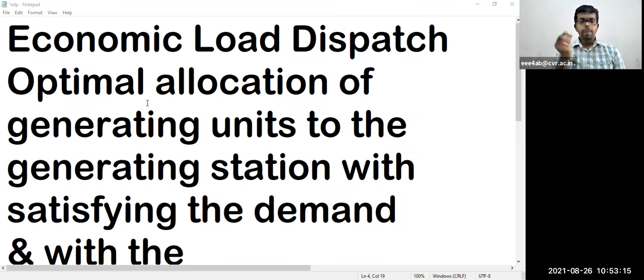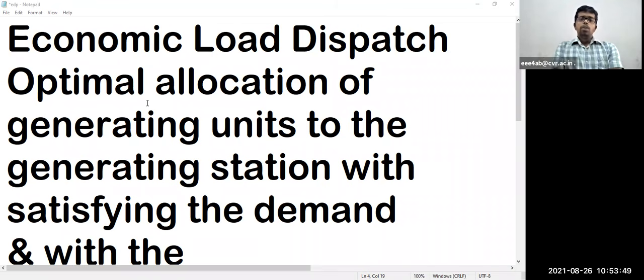We have to minimize that cost to some 8 lakh or 7 lakh rupees by optimally choosing the generating units. Whichever is the least cost generating unit, we have to choose that, so that the total cost will be minimized. So the main objective function of economic load dispatch is to minimize the total fuel cost.